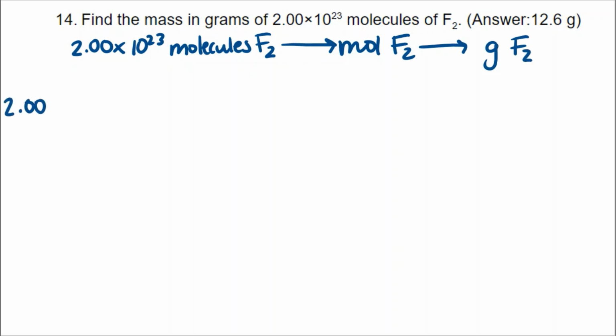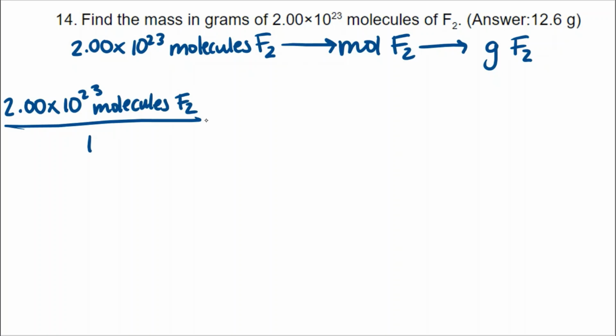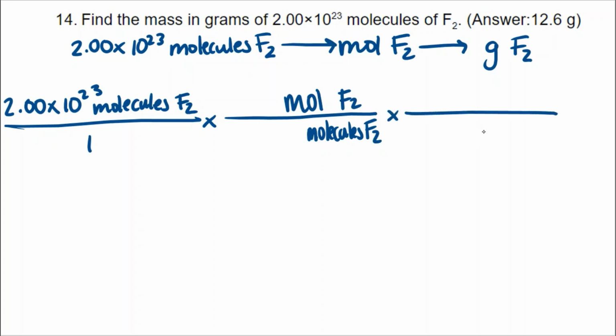So 2.00 times 10 to the 23rd molecules F2. We're going to change molecules into moles, and then we can change moles into grams.